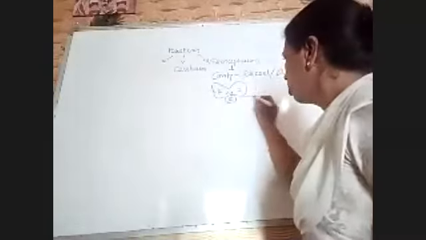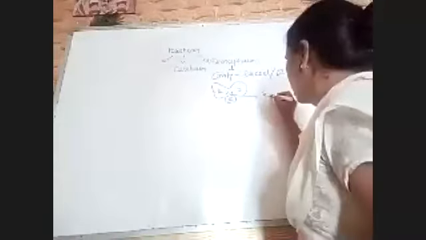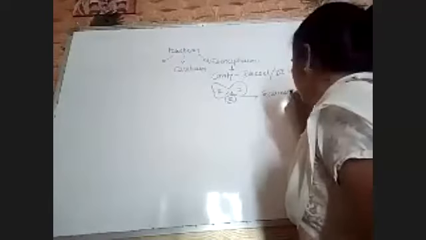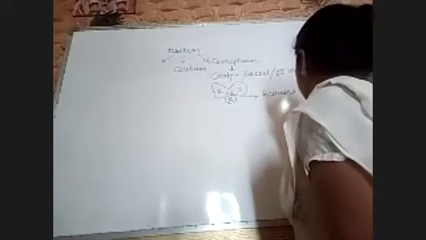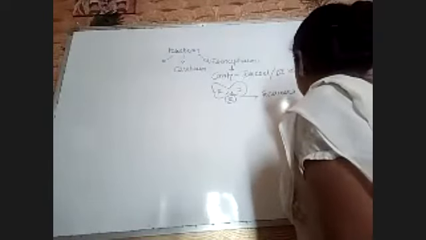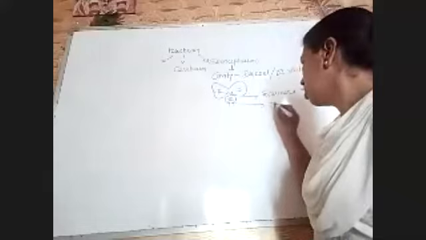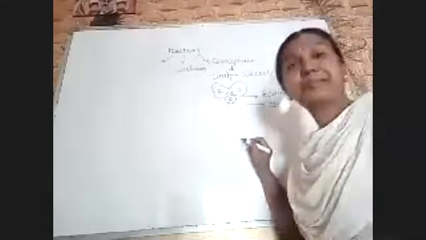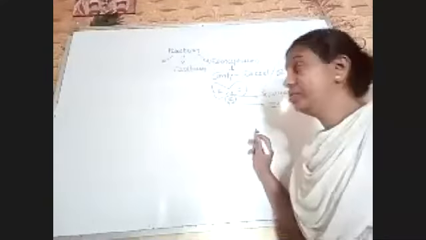So here this opening is called the foramen of Monro. And this third ventricle will open into the fourth ventricle. So here this opening is called Keter.